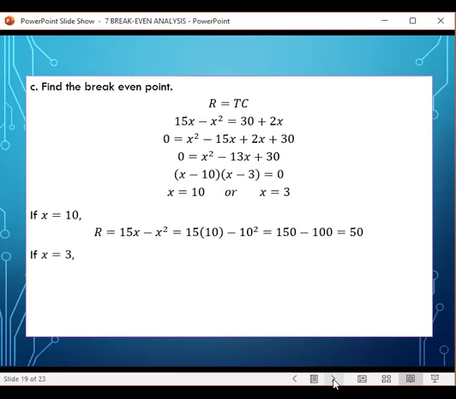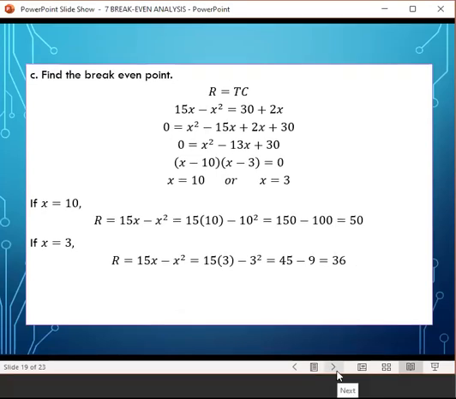Also, if x is equal to 3, then the revenue would be equal to 36. Again, what you need to do is to substitute x equal to 3 to all x's on the revenue. So you get 45 minus 9, which is equal to 36. Now let's identify our break-even point.